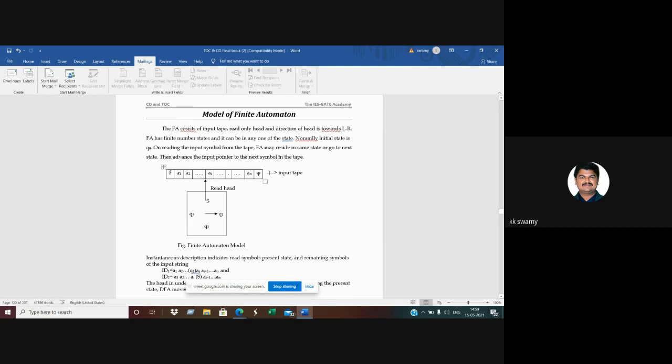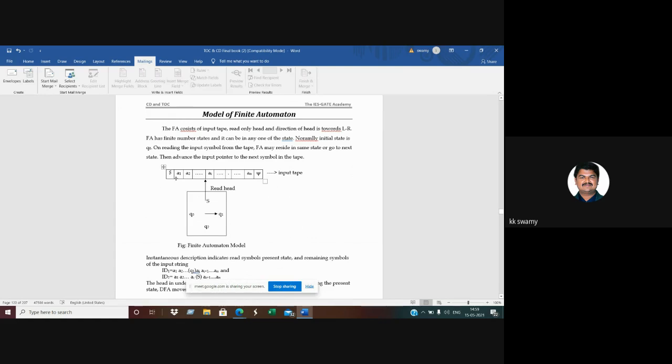The read head always points to the starting character of the input buffer. After reading the first character, the control moves to the next state. Then again, based on the symbol, we identify whether it stays in the same state or goes to the next state.